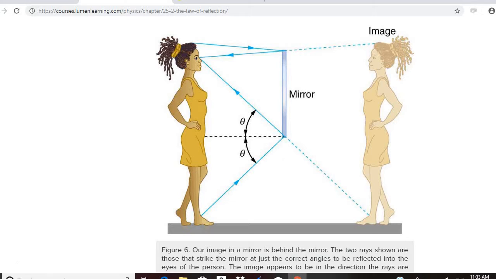Okay, so that's how mirrors work, and you can see in this figure that the angle of incidence equals the angle of reflection. Okay, so that is what happens when you look in a flat mirror.